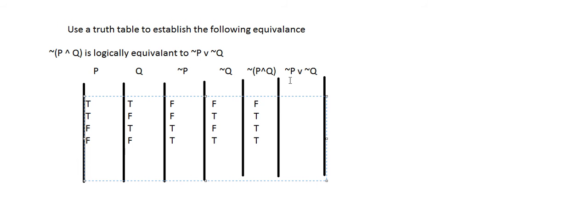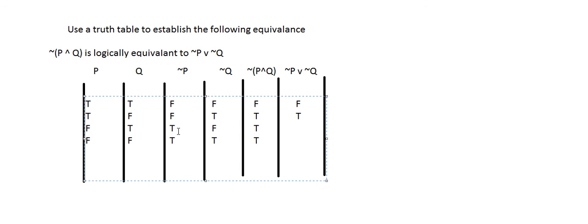So we have false and false. That is false because none of them are true. We have not P being false and not Q being true. That makes the statement true because one is true. So the statement is true.